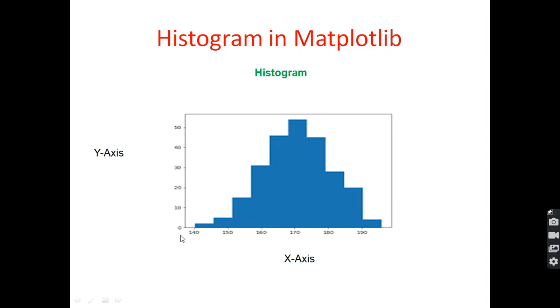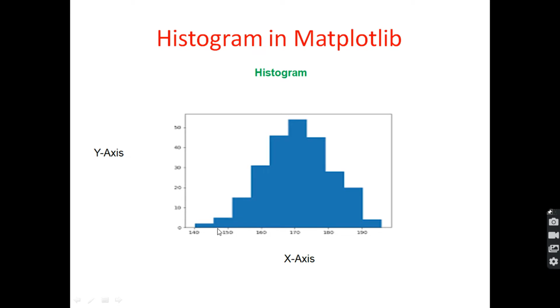On the y-axis, 0, 10, 20, 30, 40, 50 are there. On the x-axis, 140, 150, 160, 170, 180, 190 and 200. So these are the points on the x-axis. Suppose I am taking the 140 to 150 interval.